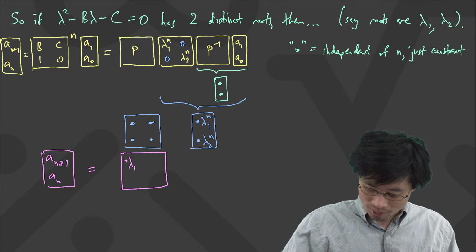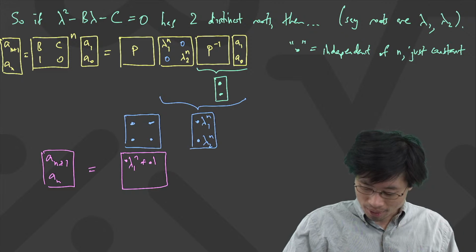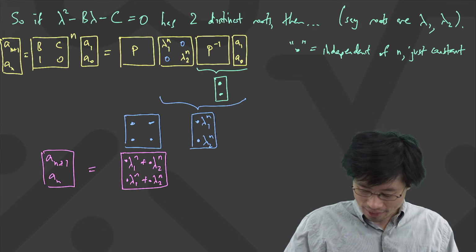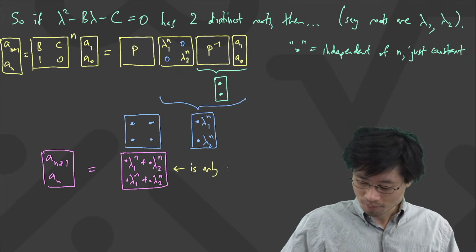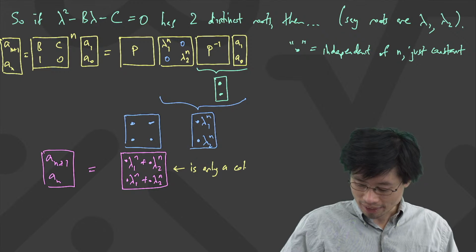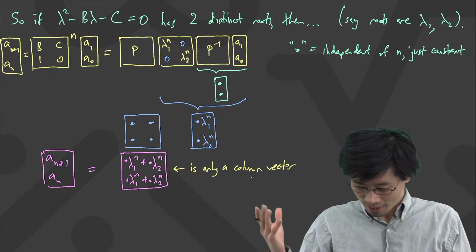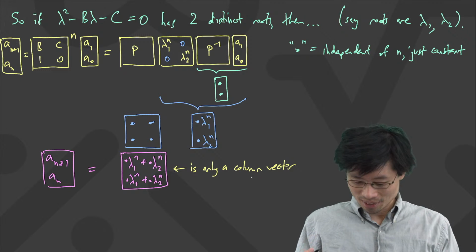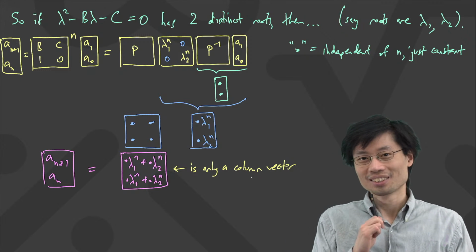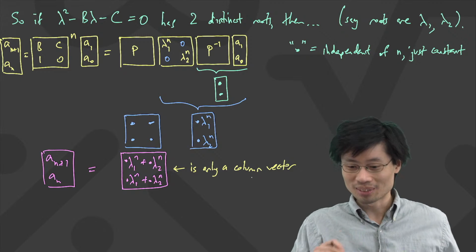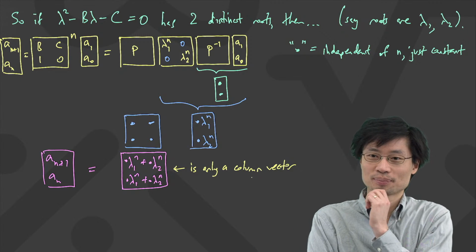It's blob lambda 1 to the n plus blob lambda 2 to the n, and blob lambda 1 to the n plus blob lambda 2 to the n, emphasizing here that this is only a column vector, not a 2 by 2 matrix. Okay. All right. How do we then work out what is a formula for An? We basically have a recipe at this point. So what do I do? How do I find out An now?